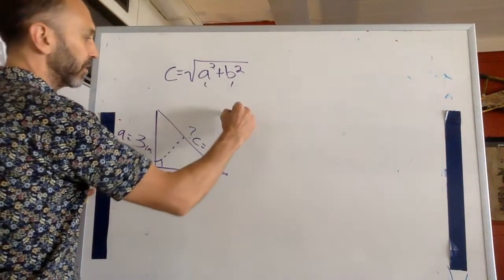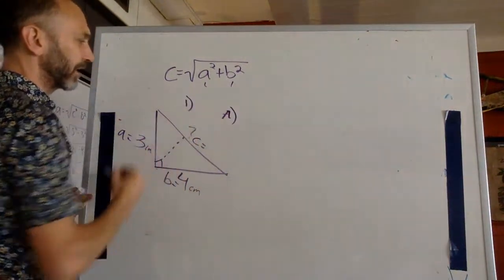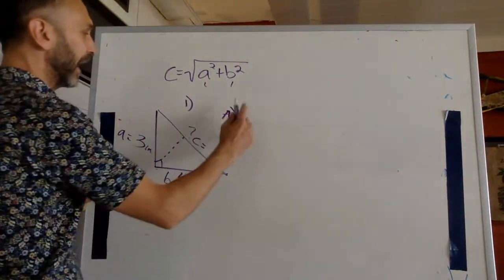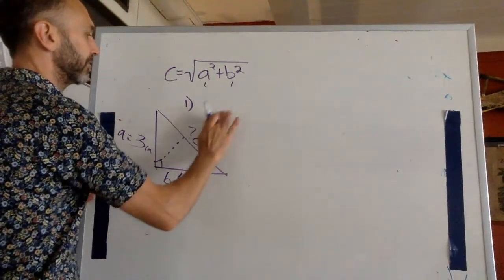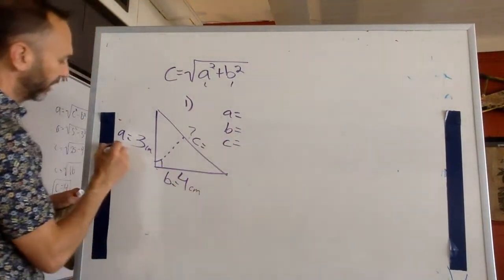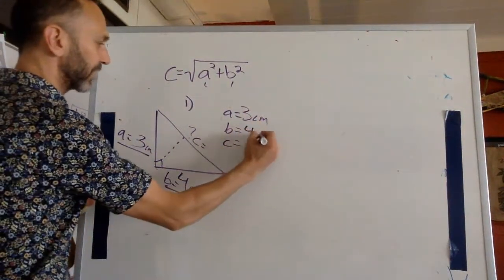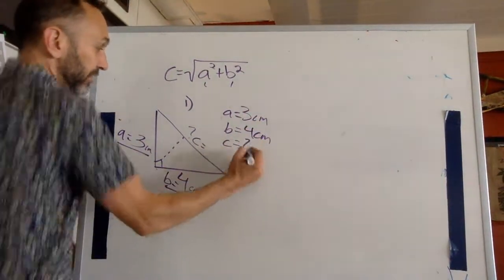You're going to start your work by labeling. A equals, B equals, C equals. Over here, A equals 3 centimeters. B equals 4 centimeters. C equals, I don't know.